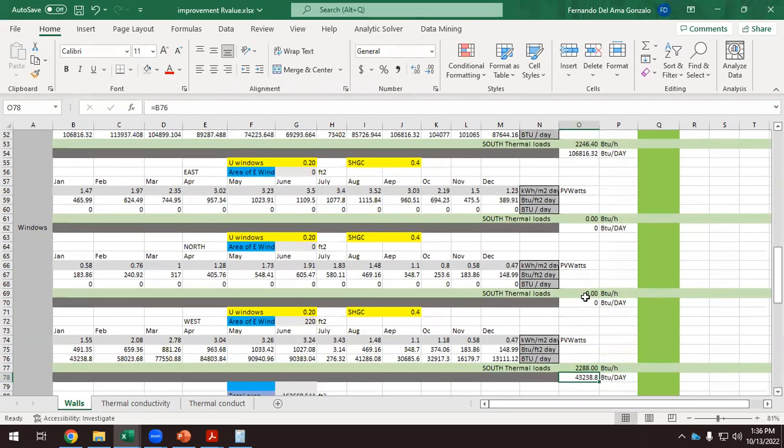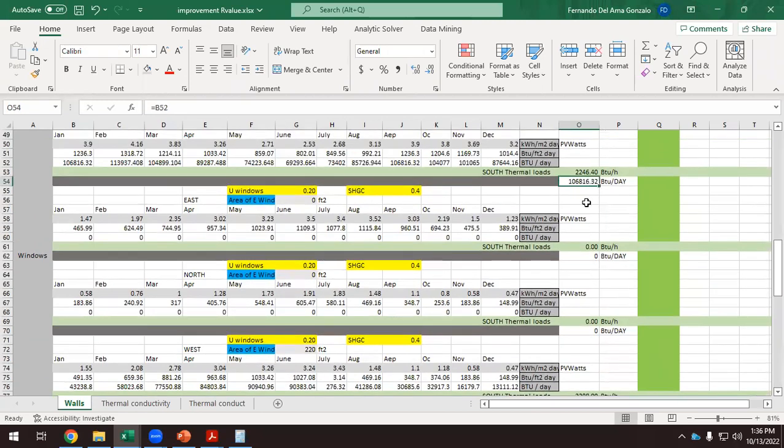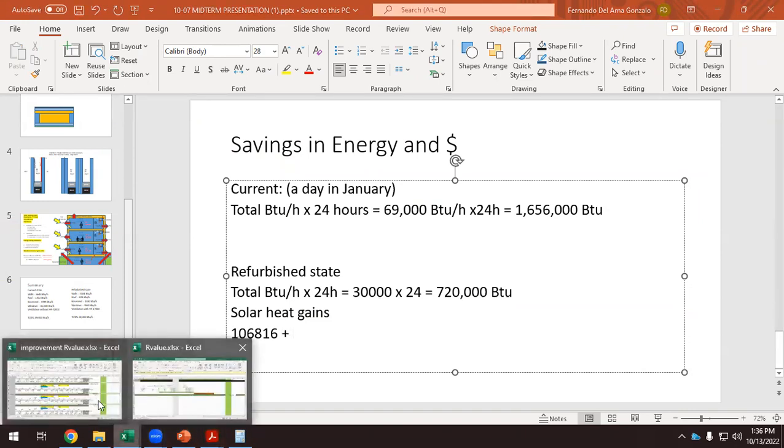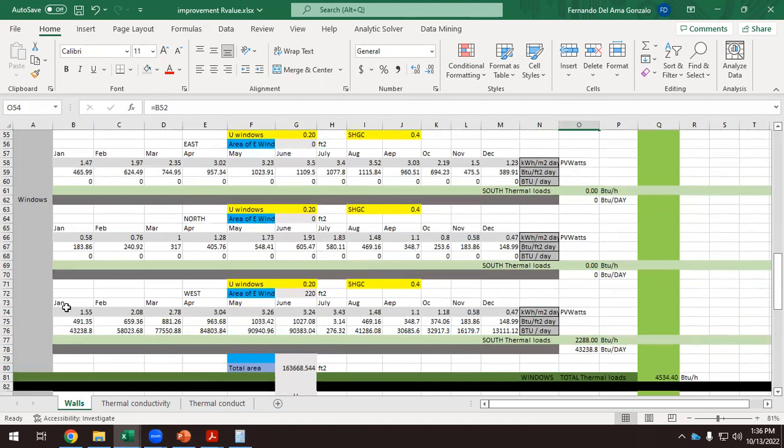So what are the total heat gains? Here we have 106,816 plus the heat gains on the west facade, which is 43,238.